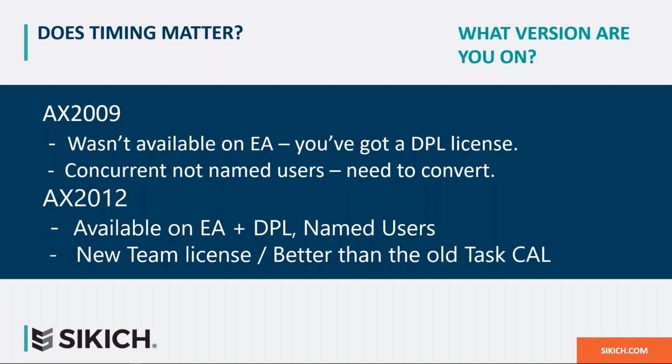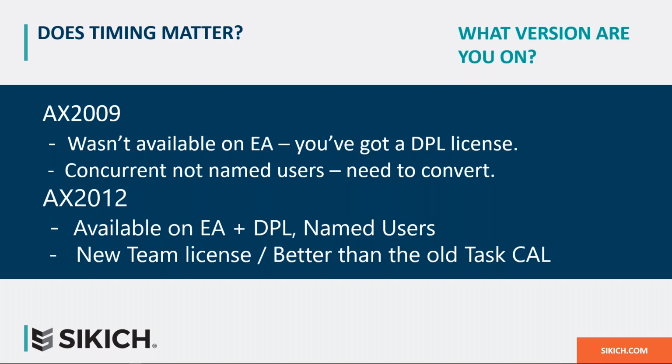The strengths and weaknesses of the two buying methods is really beyond the scope of this call. But don't assume just because you've got an EA, it's the best way to buy it. Conversely, just because you've had a DPL license, don't assume CSP is necessarily the best way to buy it. There's a really great decision-making tree, I think, on YouTube that can help walk you through what the best purchasing mechanism is. And there are good reasons why you might choose one over the other.